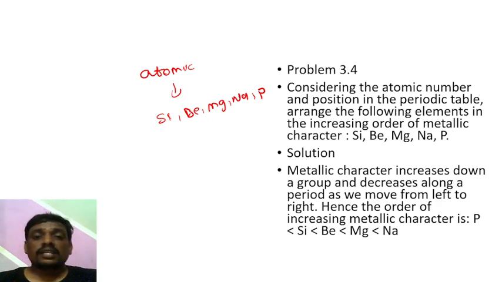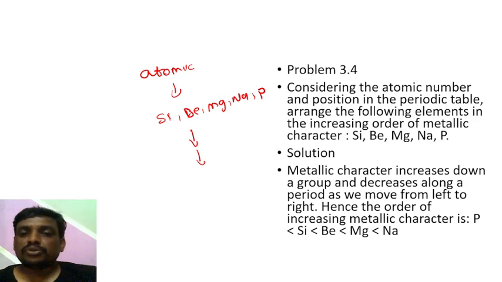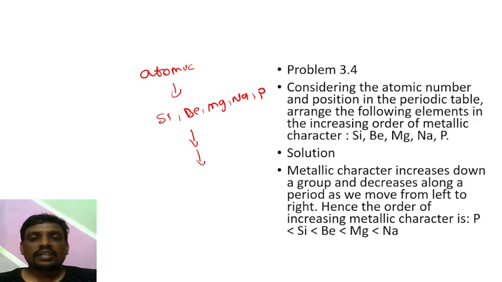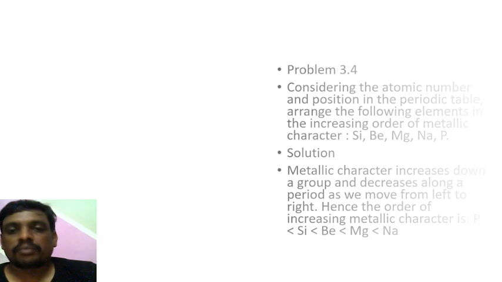Metallic character increases as you go down the periodic table and decreases as you move from left to right. Hence the increasing order is phosphorus, silicon, beryllium, magnesium and sodium.